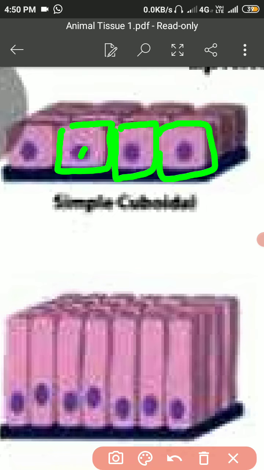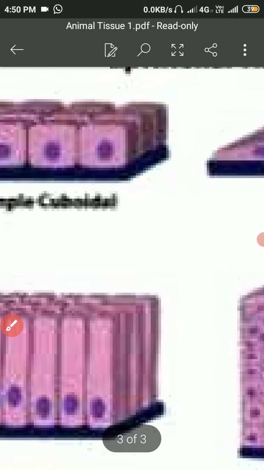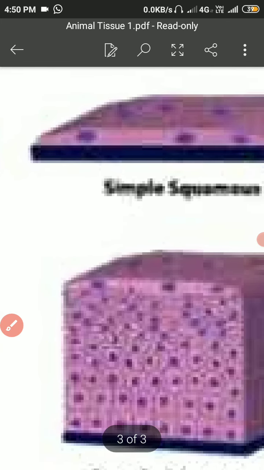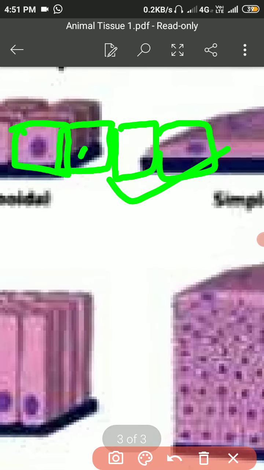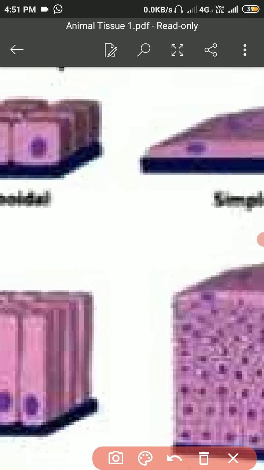Because this is a somewhat thick layer, it is called cuboidal. So you have seen these two: simple squamous and simple cuboidal. These are the different cells.